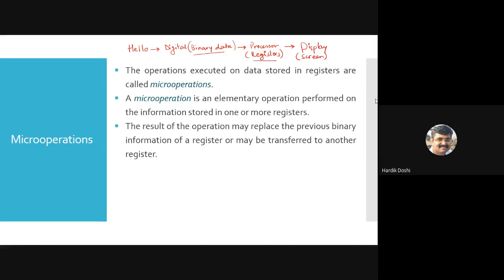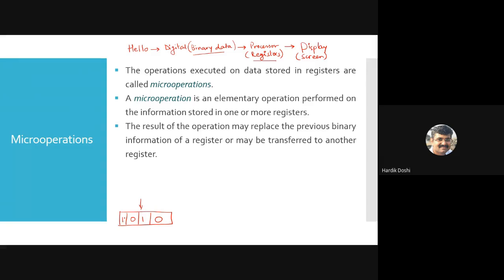And again, see, I have performed a micro operation. The result of the operation may replace the previous binary information. Say, for example, I have a 4-bit register wherein I have stored the data 1010. This is my data. Now some operation is carried out on this, and this data may or may not get replaced.